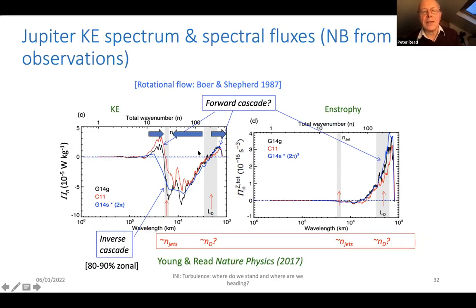So there is an inverse cascade over a range of scales, and a forward cascade at the smallest scales that we could resolve.